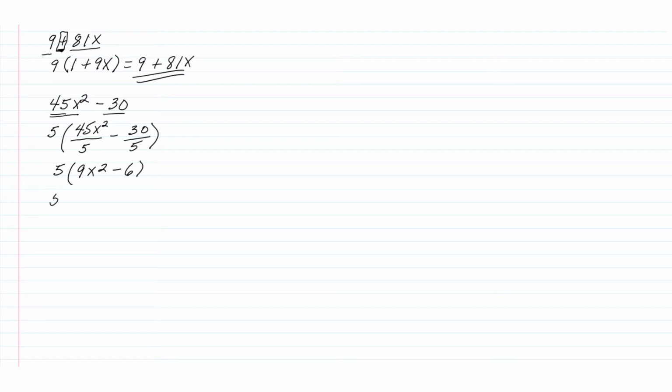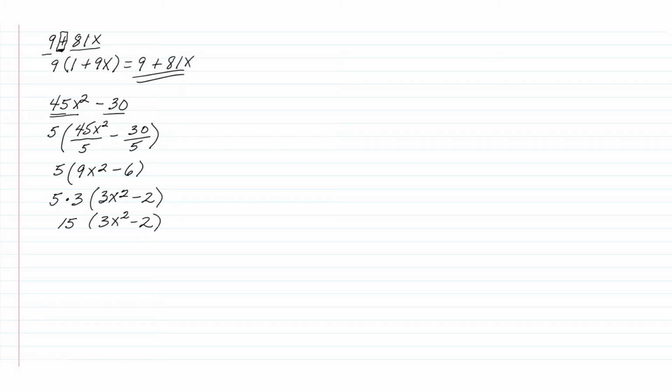So what I should have factored out was a 15. When I pull out that additional 3, that leaves me 3x squared minus 2. So the solution to the question would be 15 times 3x squared minus 2.